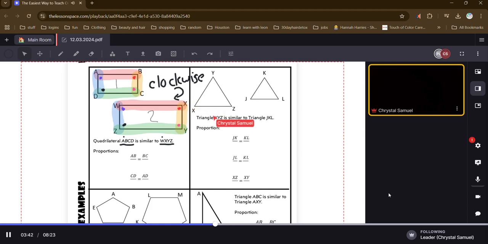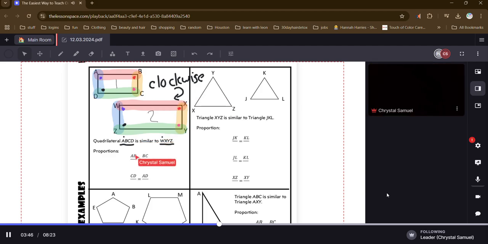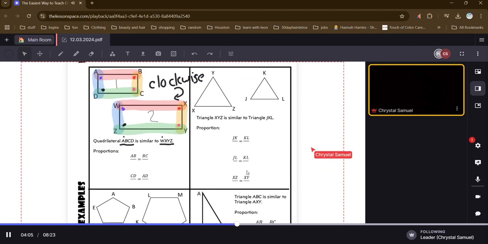Okay, so going this way to the right, going around and around to the right. So your proportions, AB, there's 2 ways you can do proportions. You can do the same with the same, so red with red, and you can also do opposites as well. So I will show that in a moment.